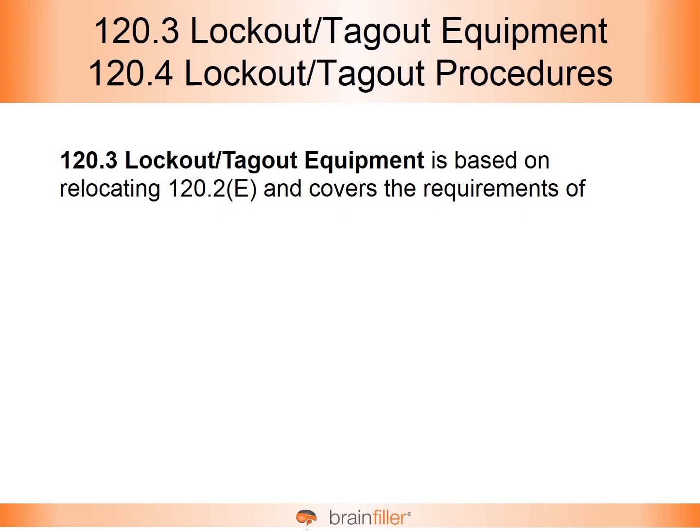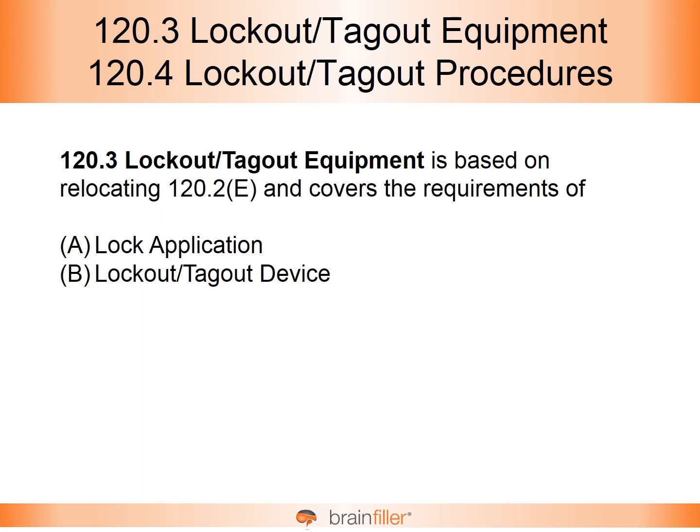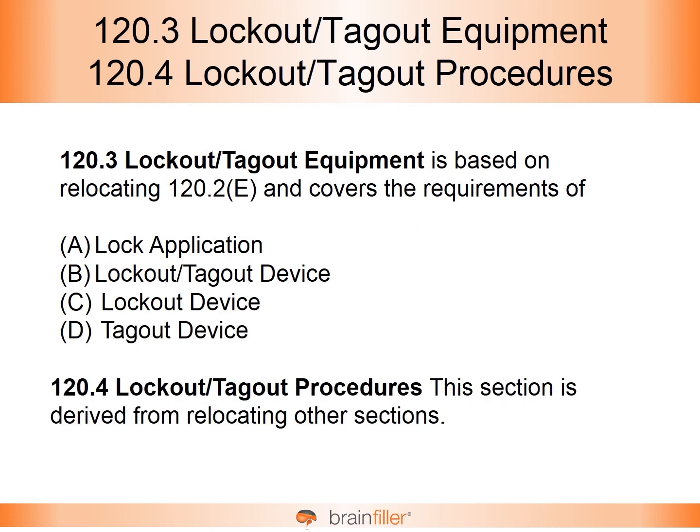120.3 Lockout Tagout Equipment. This is based on relocating 120.2E, and it covers the requirements of lock application, lockout tagout device, lockout device, and tagout device. 120.4 Lockout Tagout Procedures.